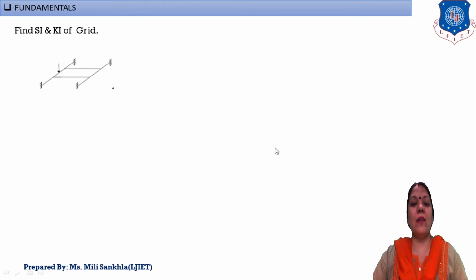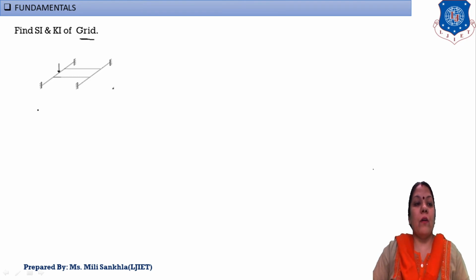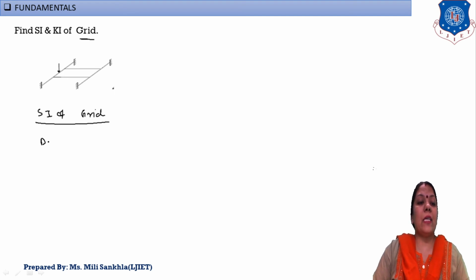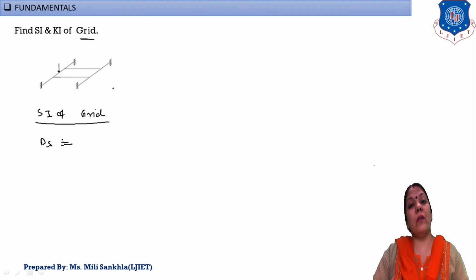Then we start with our new topic, that is analysis of frame, SI and KI of grid. Now make a heading SI of grid. Notation is ds, and in grid we directly find SI: ds is equal to 3m plus r minus 3j.